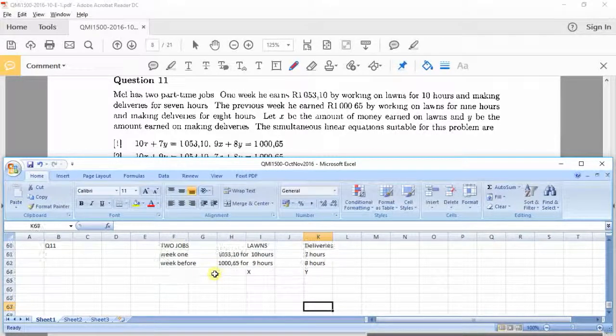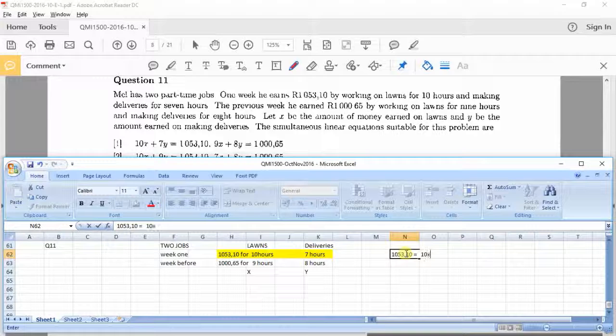Alright, so the first equation: 153,10 equals 10 hours of X plus 7 hours of Y. There's the one.